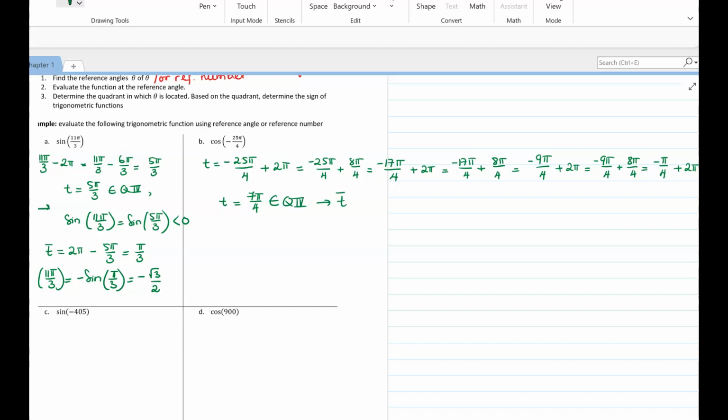This means t bar is equal to 2 pi minus 7 pi over 4, that is pi over 4. Because t is in quadrant 4, the value of cosine is positive, which then means cosine of negative 25 pi over 4 is equal to cosine of pi over 4, and that is root 2 over 2.